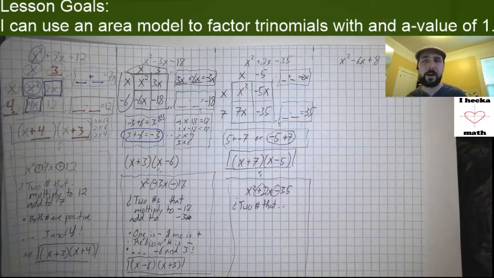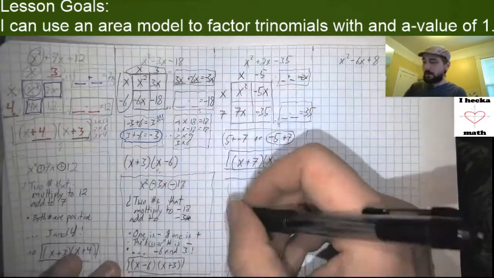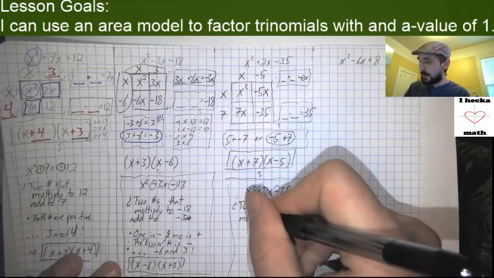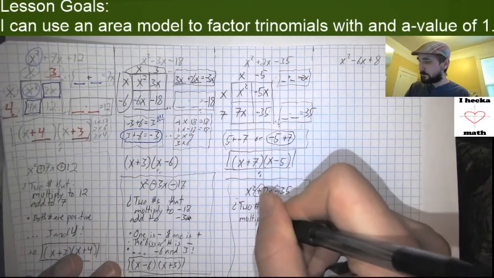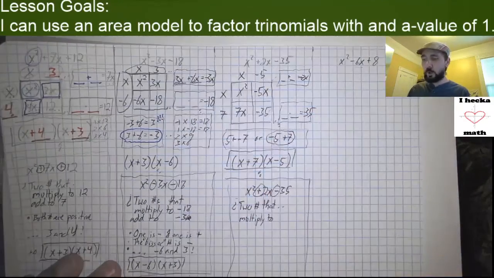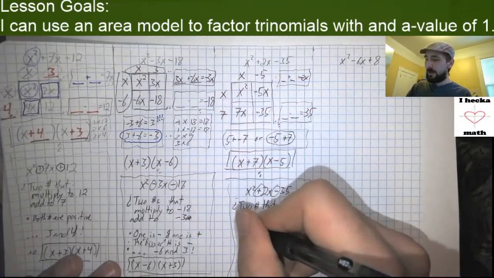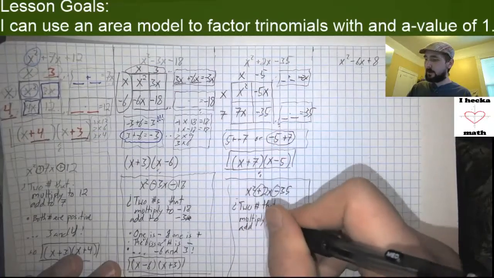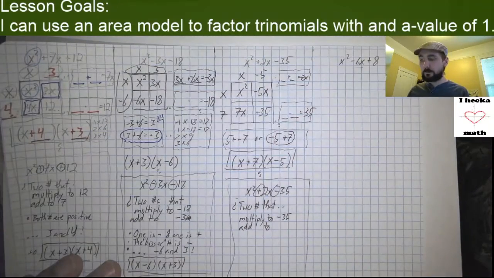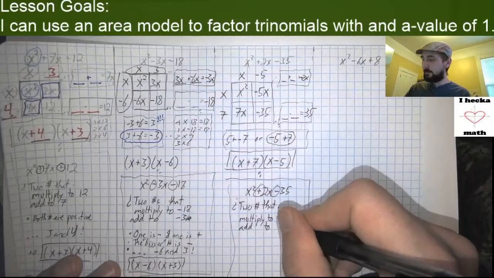Two numbers that ultimately did what? Okay, welcome back. So these are two numbers that multiply to negative 35 and that add to positive 2.